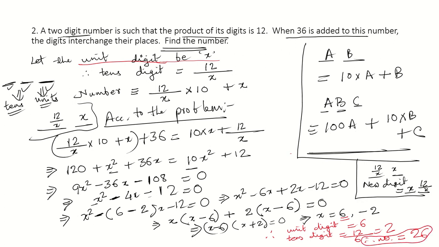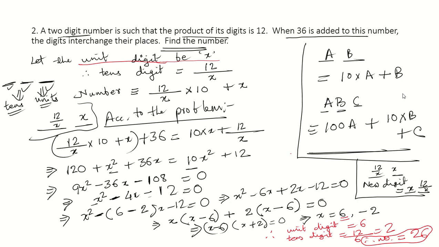I guess you have understood how we solve this problem. We solved it based on the simple quadratic equation. We first converted the word problem into a quadratic equation, solved that equation, and found the value of x, which we took as the units digit.